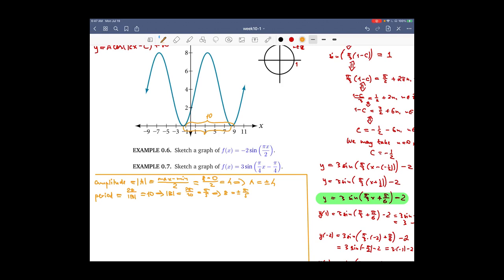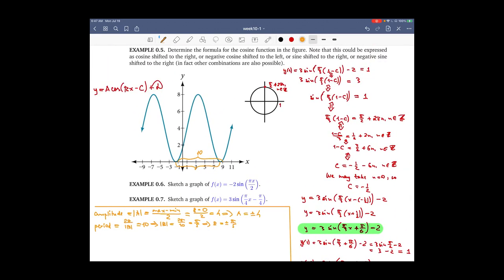Now, what about the midline? Again, the midline is the horizontal line equidistant from maxima and minima. Seems like midline is the line y equals 4. Distance to maximum is 4, and distance to minimum is also 4.